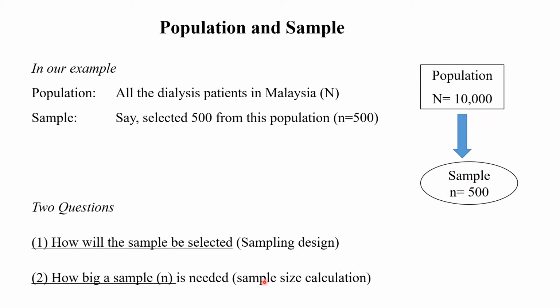So that is sample size calculation. So in sampling, there are two issues. One is how the sample is selected from the population. Second, sample size: how big a sample size is required. Both the sampling and sample size must be discussed in your research.